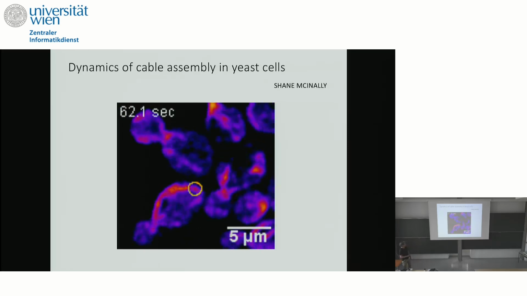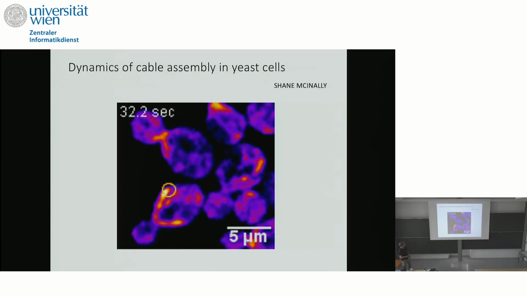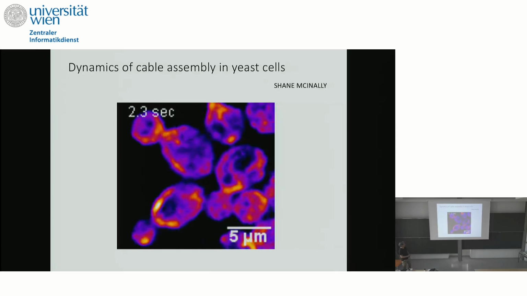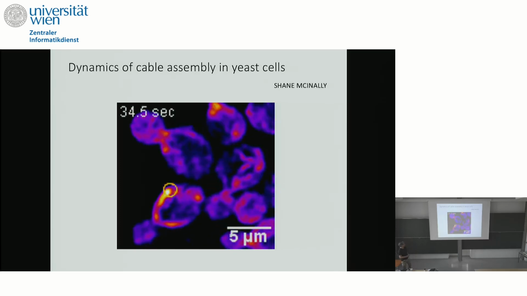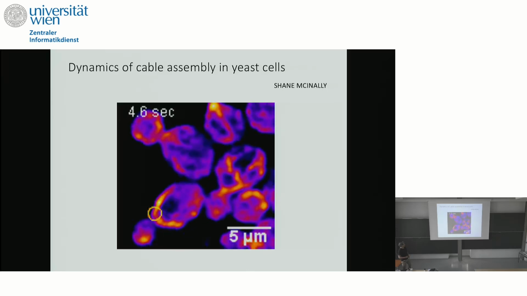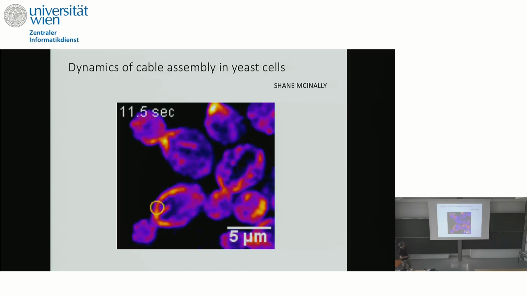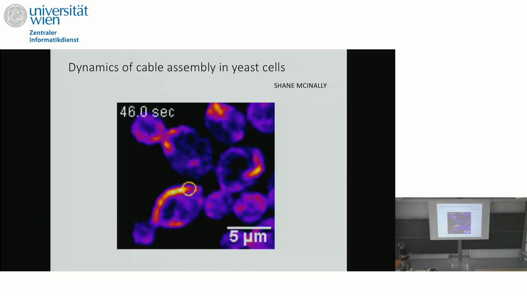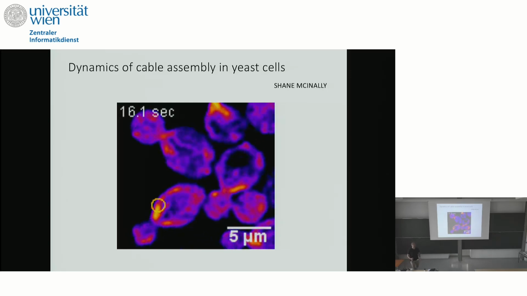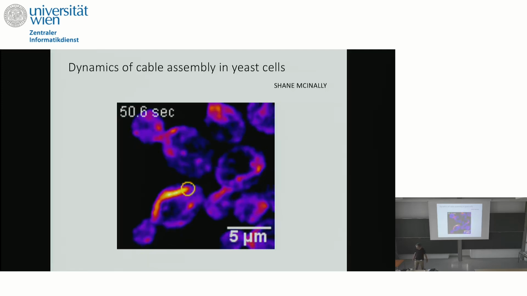So he finds a cable where you can follow some marker, which is there just by random chance, and you can see the cable extending in this cell. And what you'll notice is that it extends to a length of about 5 microns in about 30 seconds. It gives you a sense of scale.